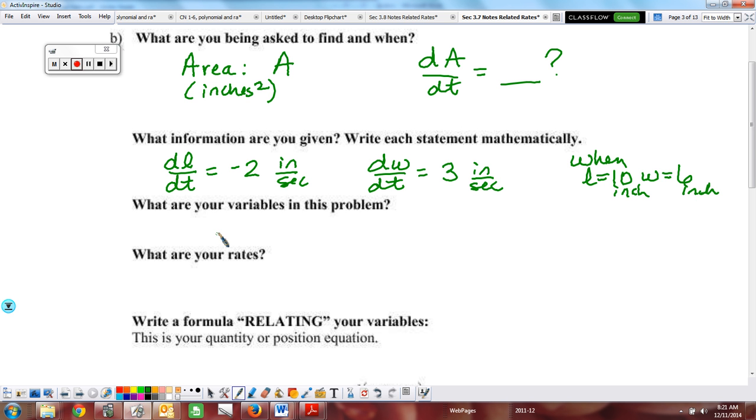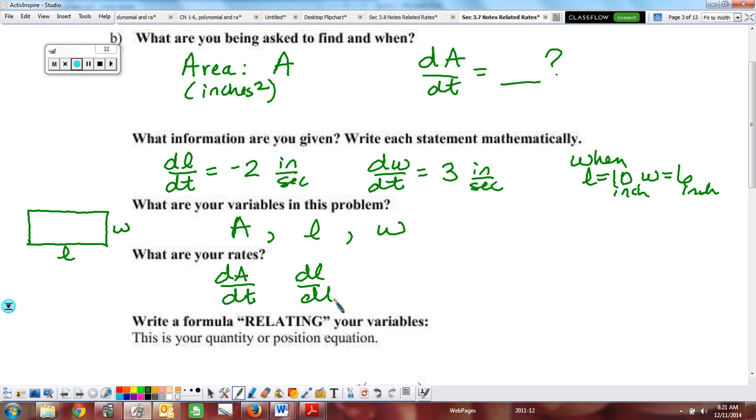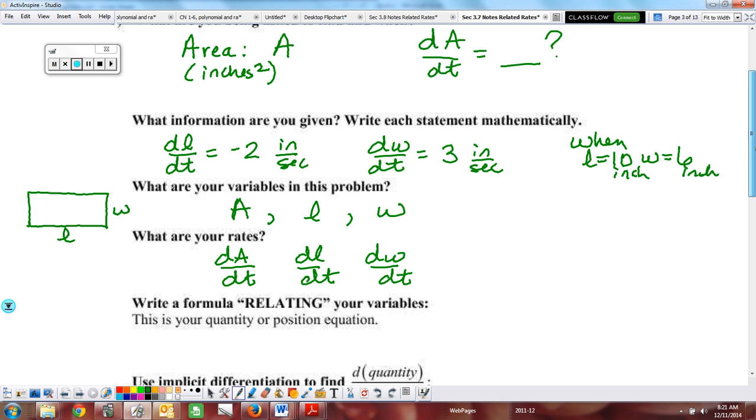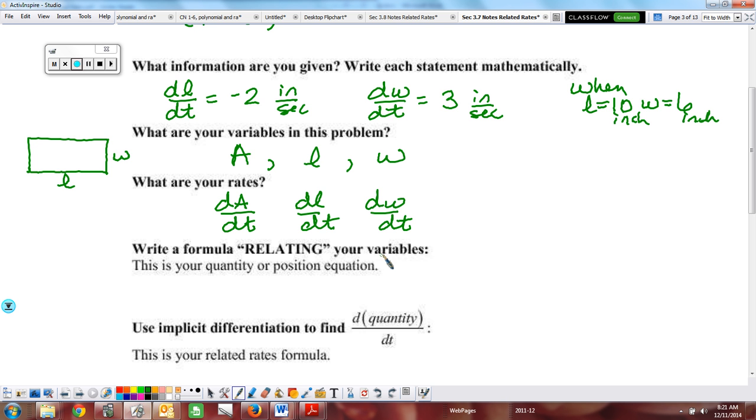Our variables, now we're trying to take our rectangle. Again, we have our length and our width, but we're trying to relate it to our quantity area. So our variables are area, length, and width. Our rates are dA/dt, dL/dt, and dW/dt. So now when I first write my formula relating the quantities, I'm going to use area equals length times width.